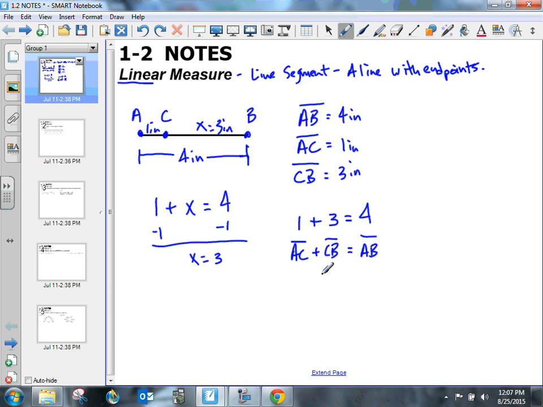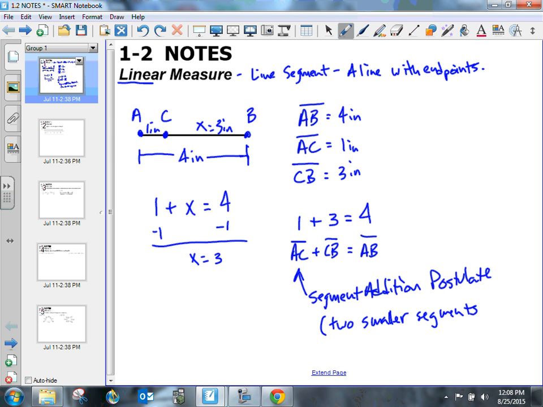So what I have here, guys, is what I call the segment addition postulate. I call it the segment addition postulate because we're adding segments together. Basically what it means is that 2 smaller segments make a big segment.